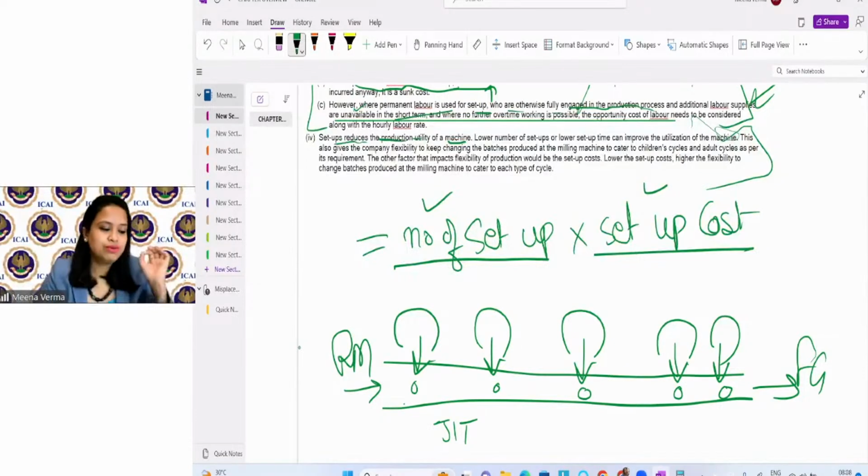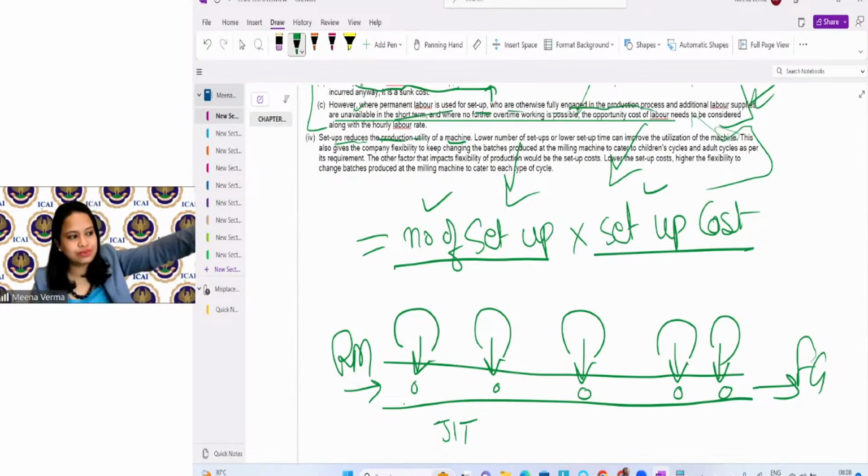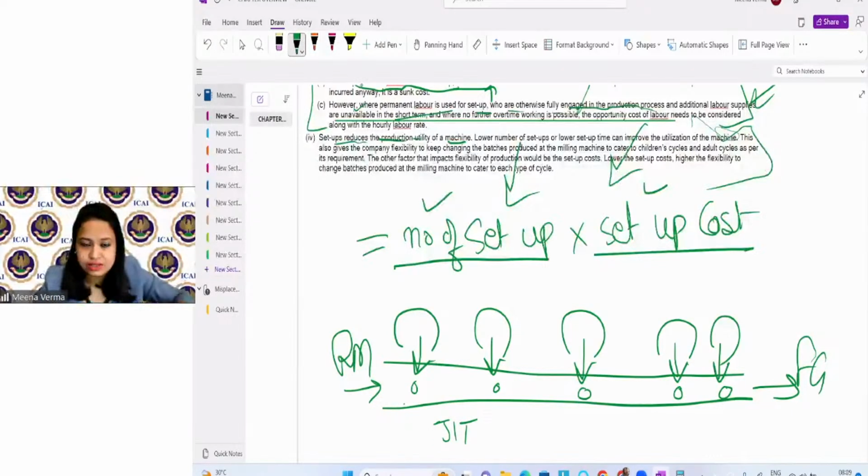All right. But what is happening here? When you are just reducing the number of setup, then what is happening? Obviously, when you set up, the machine will stop working. And once the machine stops working, you are wasting the time of the labor. You are wasting other resources. If the machine will not do the work, you will waste the electricity, and the rent of the premises which you are paying.